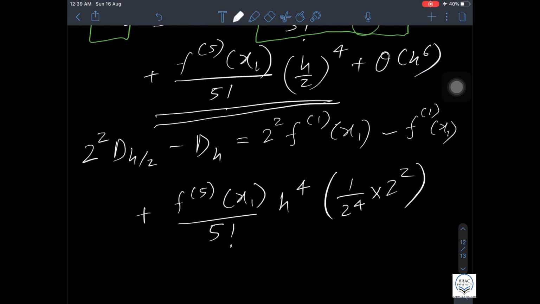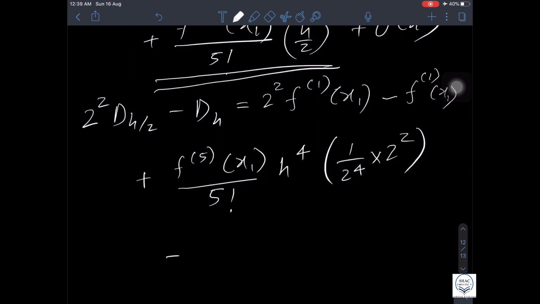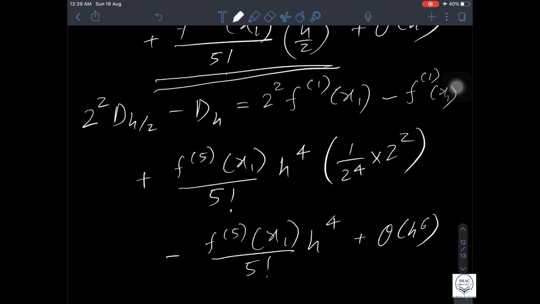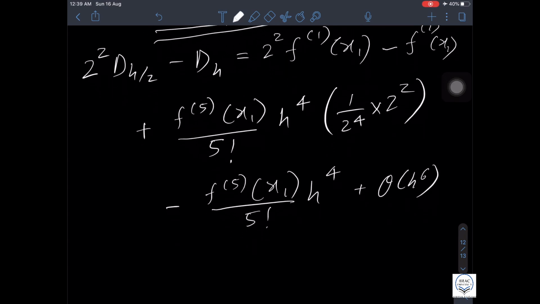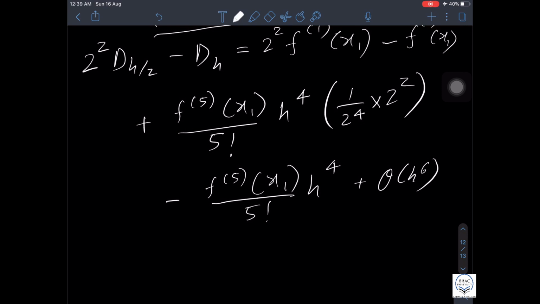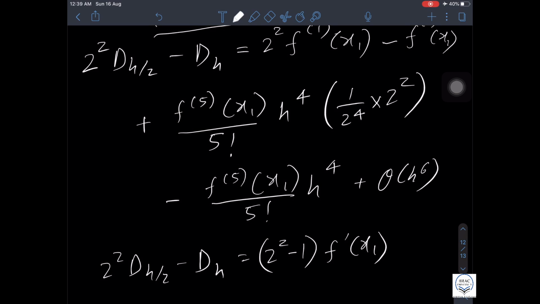And similarly you'll have minus f5 x1 by 5 factorial h to the power 4, and plus you'll have an order h6 term. So let's see how to simplify this. You can see that I can write 2 square dh by 2 minus dh, which is equal to 2 square minus 1, taking a common factor, times f prime x1.